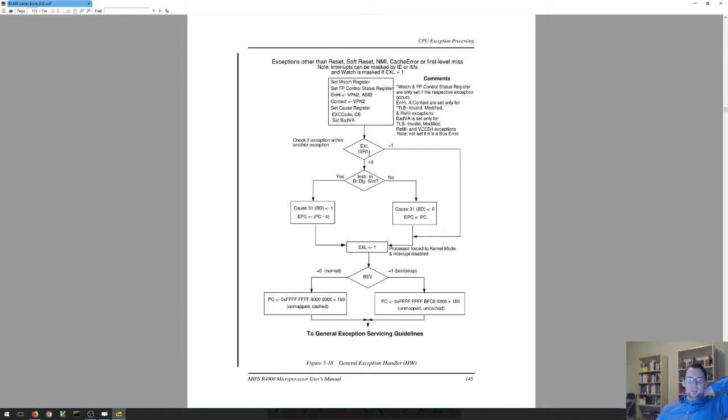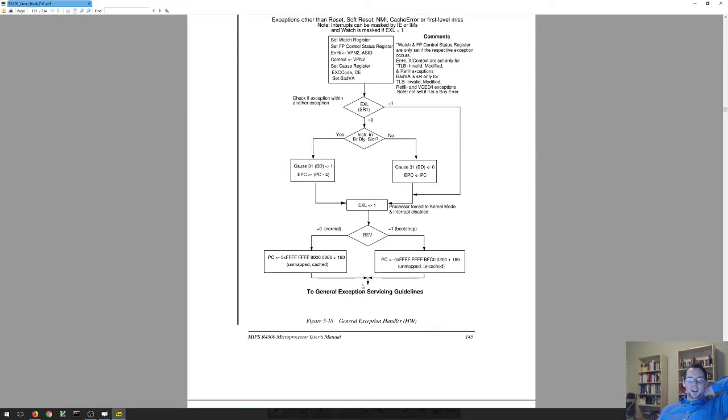It looks at the exception level register, which tells you whether you're already processing an exception, because you can have an exception occur while you're already processing one, and what do you do there? Check if it's an exception within another exception. If it is, complicated things happen here. Is the instruction in a branch delay slot? Yes or no? It needs to do a different setup.